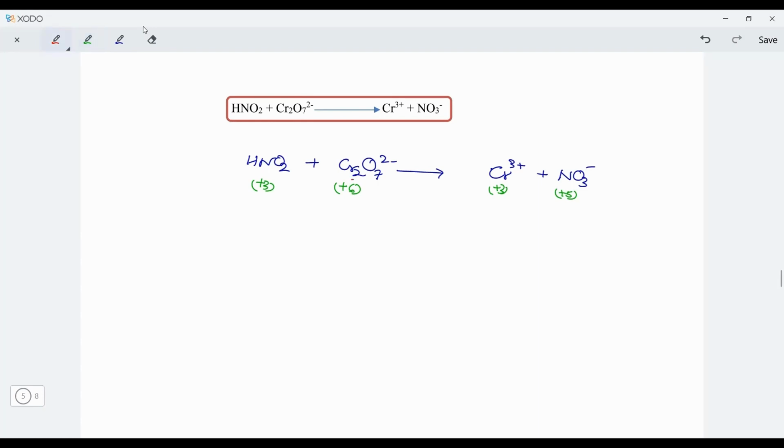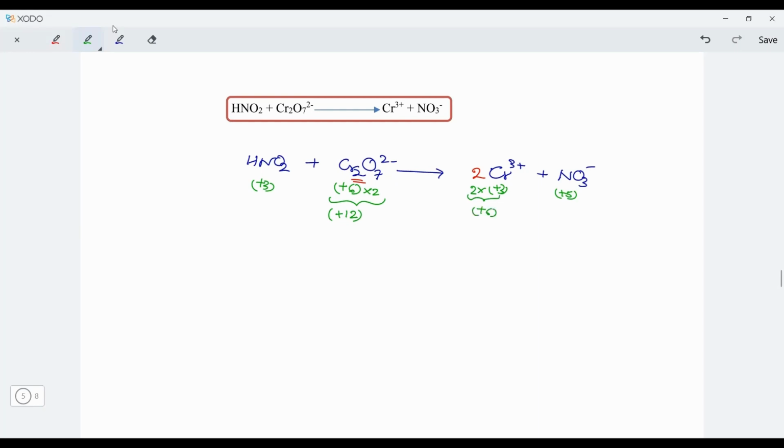Here you have 2 atoms, so I must put 2 in front of this. Then we need to adjust the oxidation numbers for 2 atoms. Now here you have 2 chromium atoms, therefore you have a plus 12 oxidation state, right? And then here you have 2 of them, so here also you have plus 6.